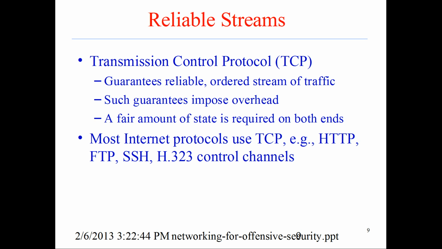There's overhead not just in the added information in each packet, but also in the memory as well as clock cycles occupied by both the source and the destination of TCP traffic. So this is important to consider when comparing it to UDP.